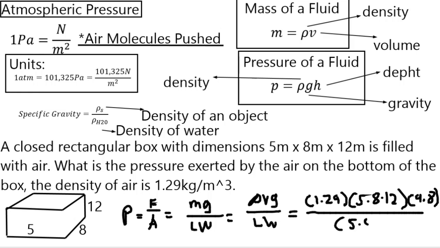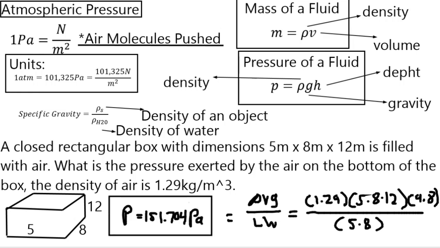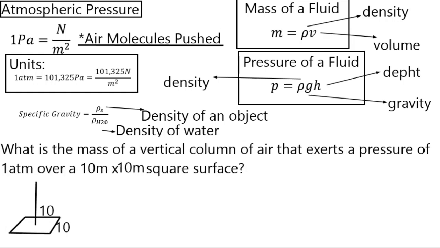Length times width, that's the area, is 5 times 8. Now we're going to put all of this in our calculator. So that's going to be 151.704. That's not a thousand, that's just a decimal point. So this is 151.704 pascals, the pressure of the air on the bottom of the box.